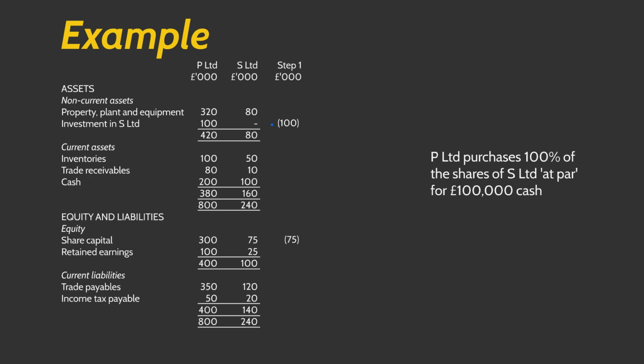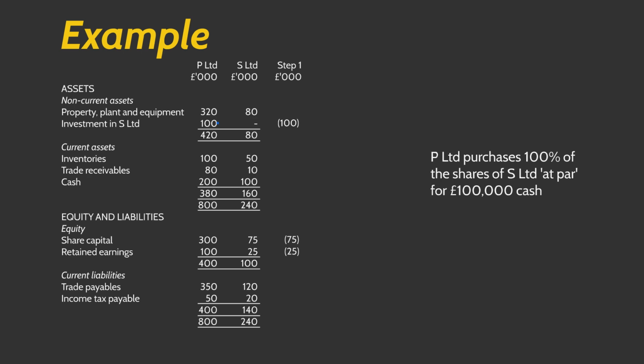But we're also removing S Limited's share capital and its retained earnings, which of course add up to £100,000 because P Limited paid £100,000 for the net assets of S Limited, which is this much here. That's shown as investment in P Limited's books, but we need to remove it for consolidated statements.